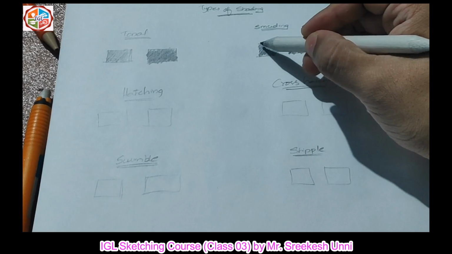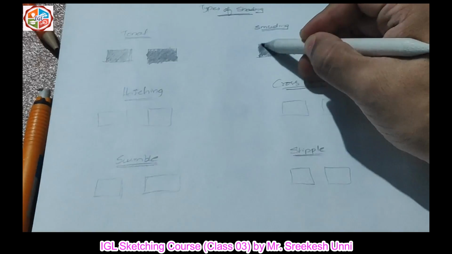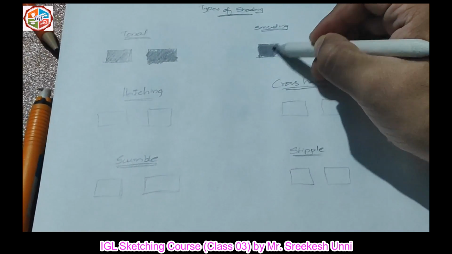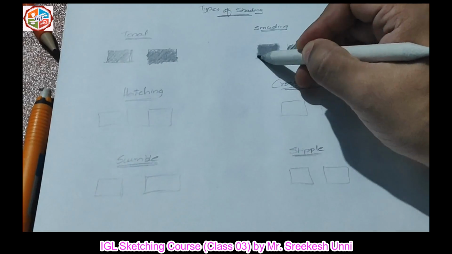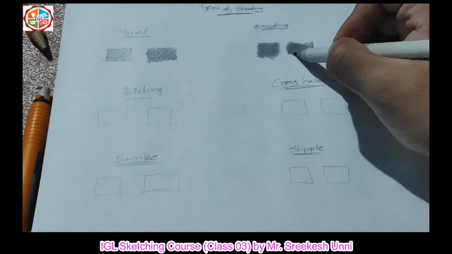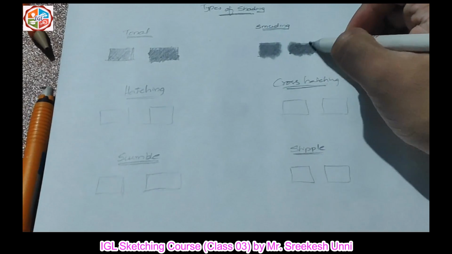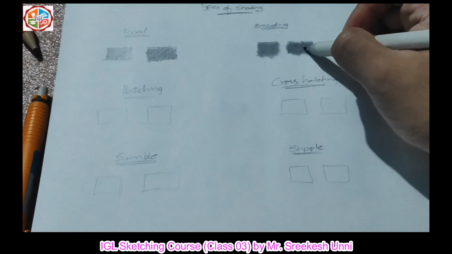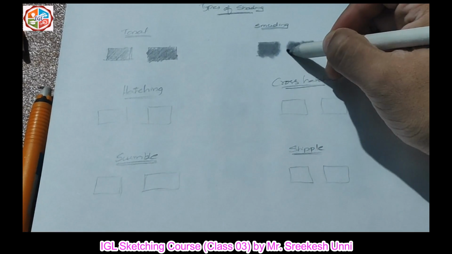So what I do is I put some pressure over it and I do exactly what I do with the pencil. I just rub it. When you're doing this technique, you should be extremely careful. You're likely to spread your shading areas.